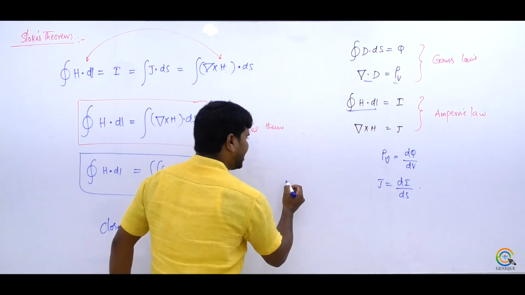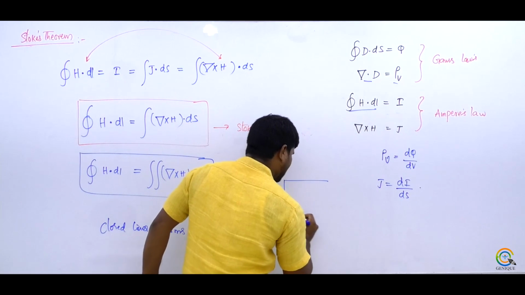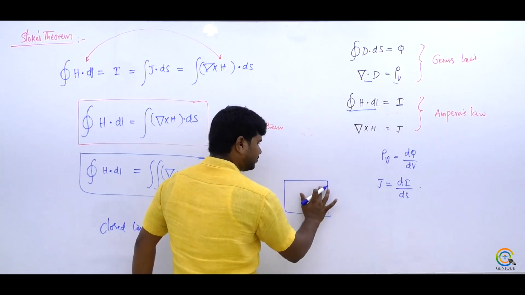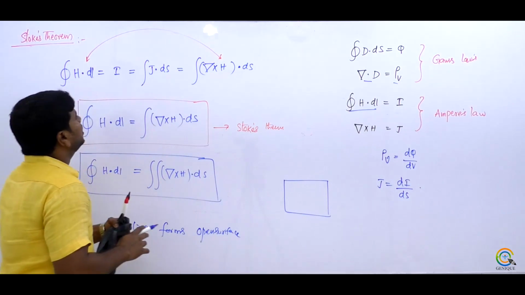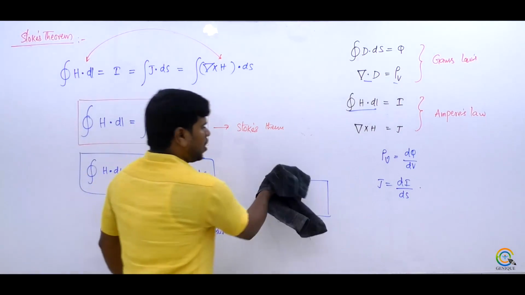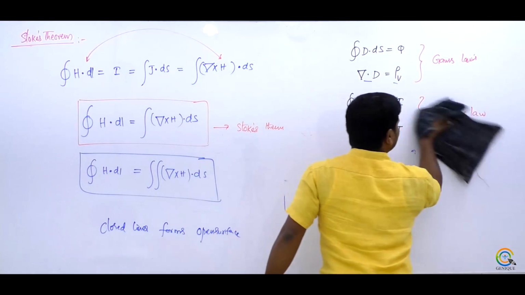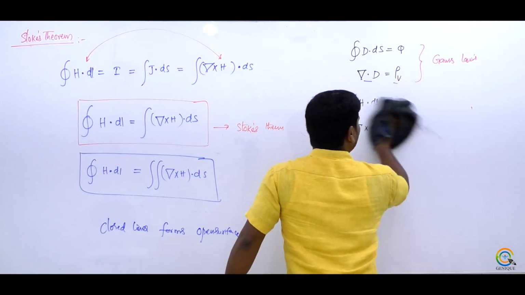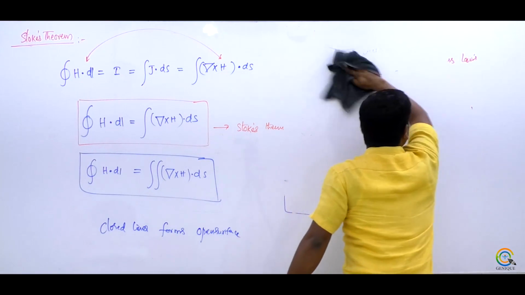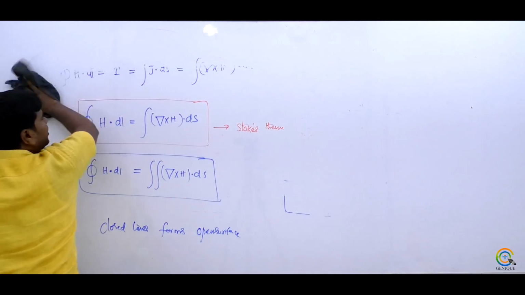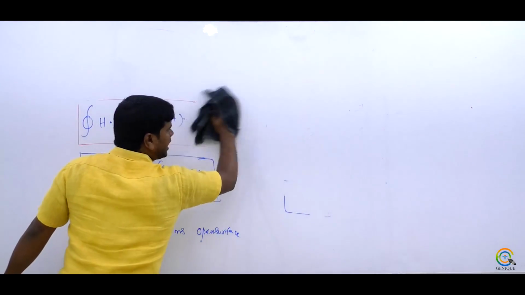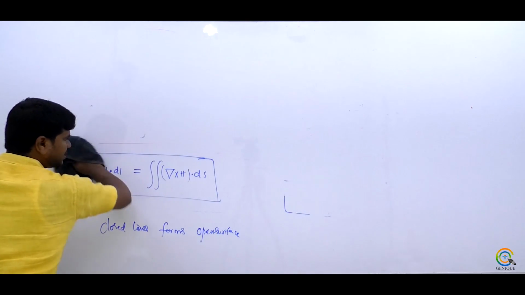Suppose if you take any line, if I close this line, what I am getting? An open surface. So that is the thing. The Gauss theorem is the relation between the closed surface integral and the volume integral, and the Stokes theorem is the relation between the closed line integral and the open surface integral.